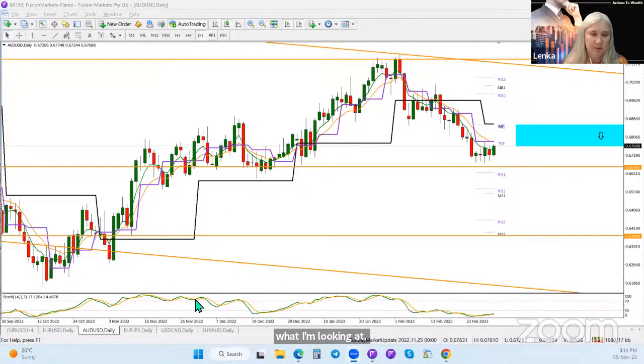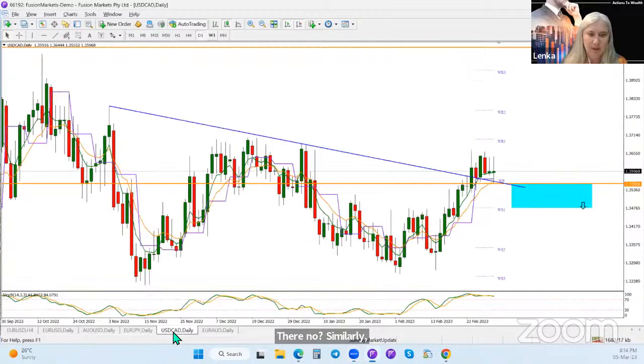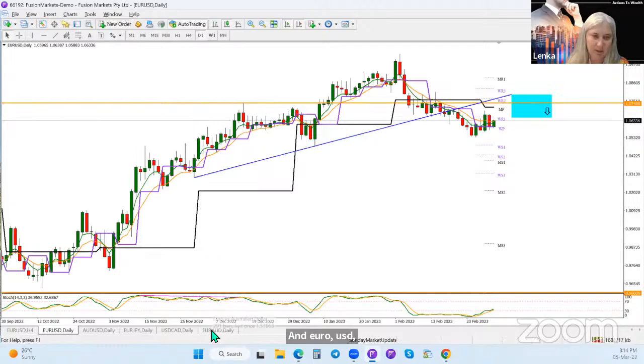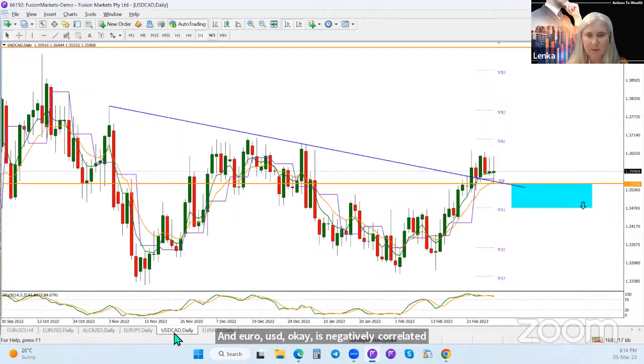Now, similarly, I have USD CAD and Euro USD. Okay, USD CAD is negatively correlated with Euro USD. So let's have a look at those.